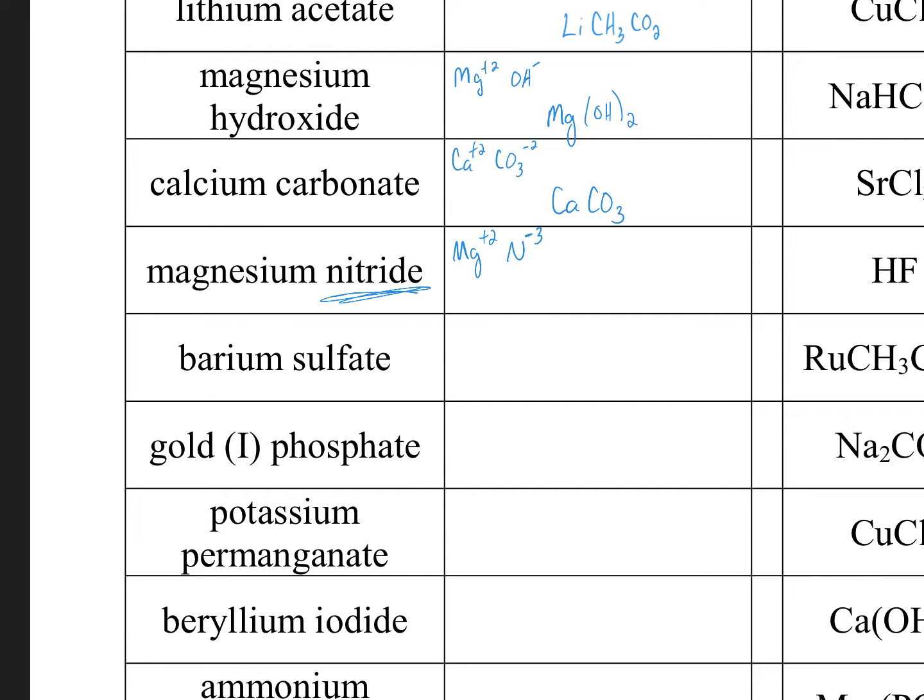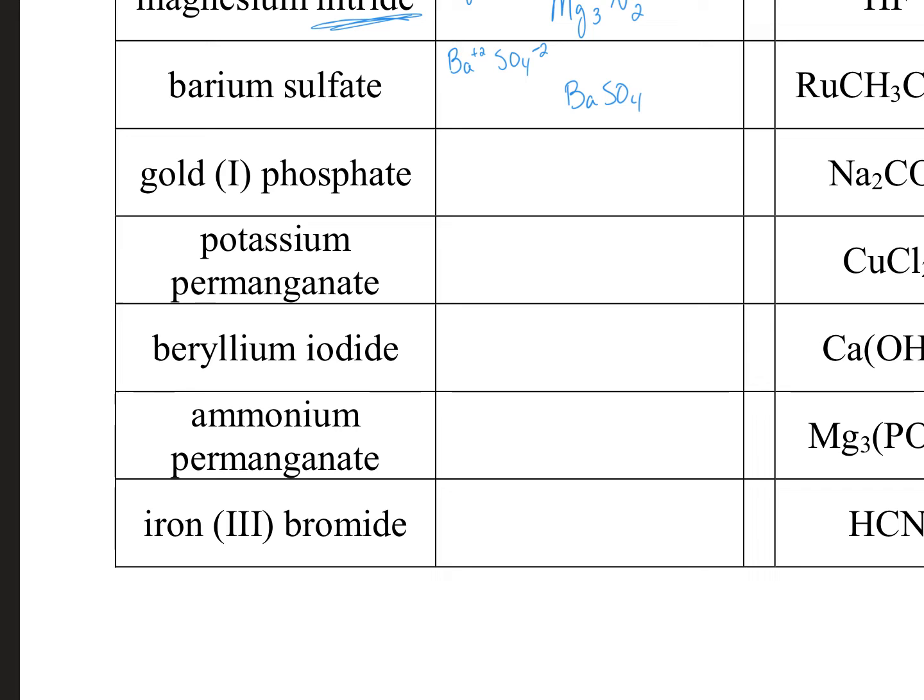So this one's more complex. It is Mg3N2. Next we have barium sulfate. Ba has a +2 charge. Sulfate is SO4 2-. So this becomes BaSO4.